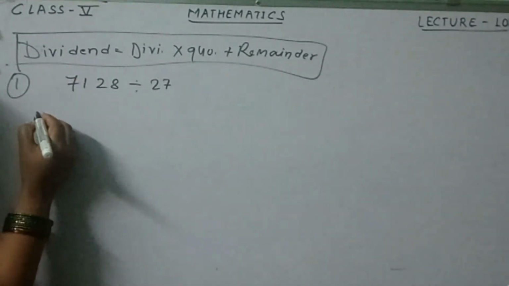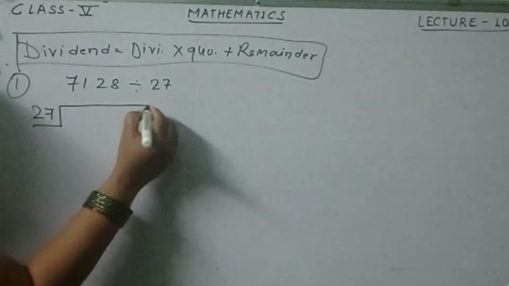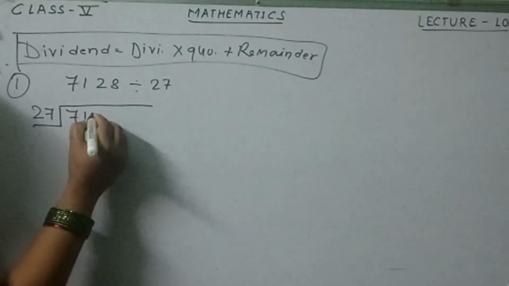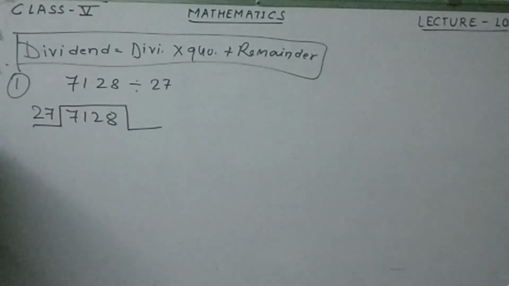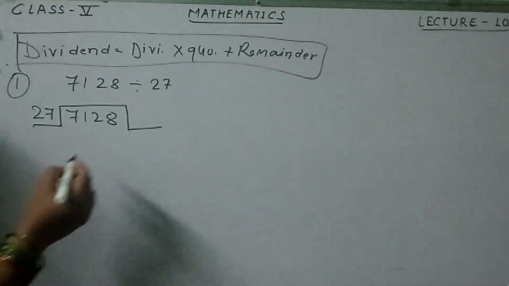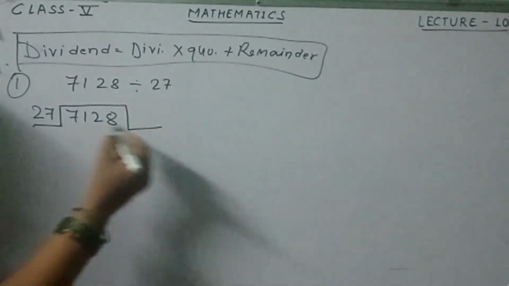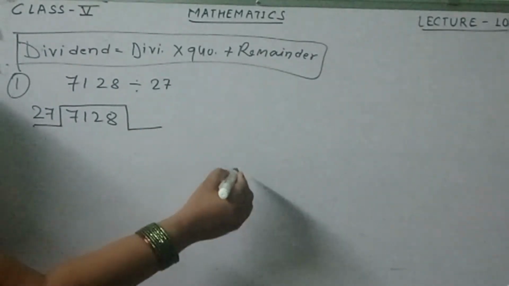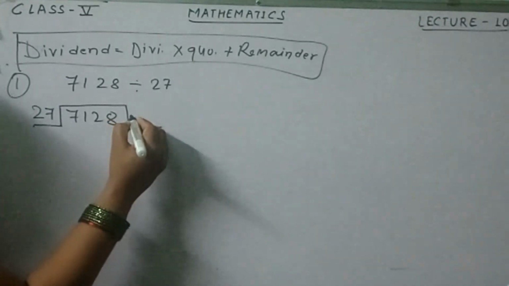First you take this number: 27 is the divisor here, 7128 is the dividend, and read the table. 27 ones are 27, 27 twos are 54. Children, if you don't know the table, on rough paper you write 27 and multiply by 2, 3 like that, and see how many times it will fit here.